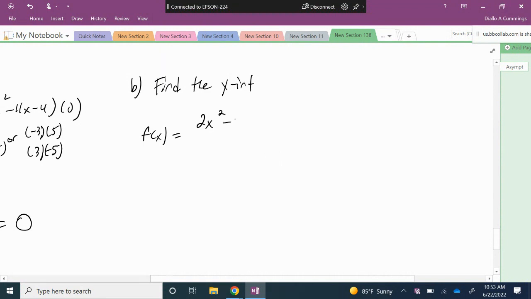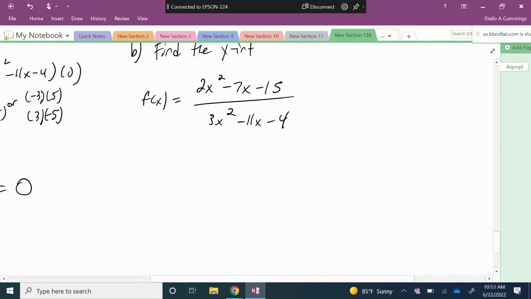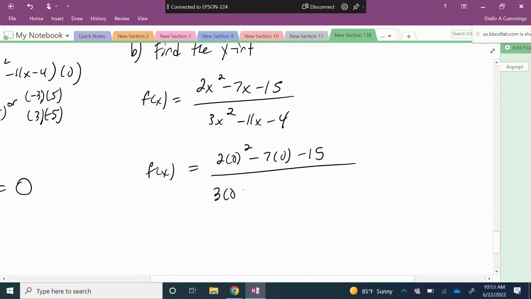That's 2x squared minus 7x minus 15 over 3x squared minus 11x minus 4. So 2 times 0 squared, minus 7 times 0, minus 15, over 3 times 0 squared, minus 11 times 0, minus 4.